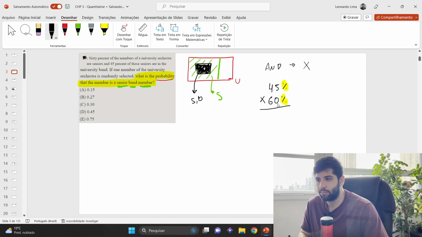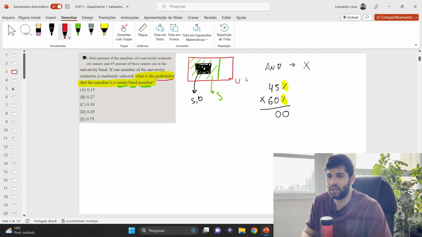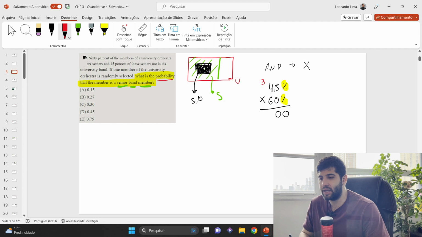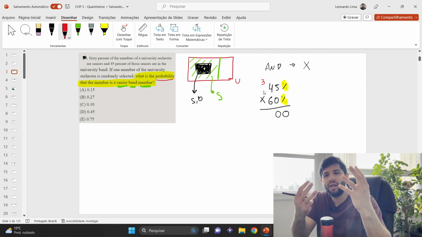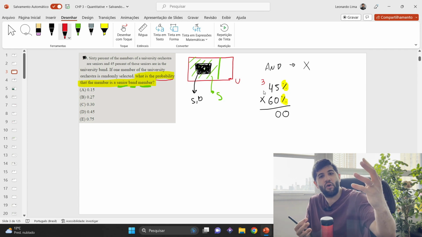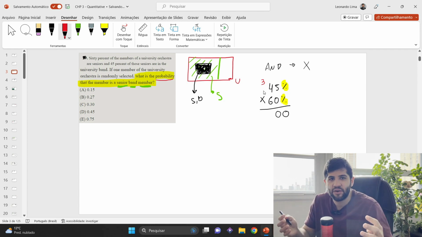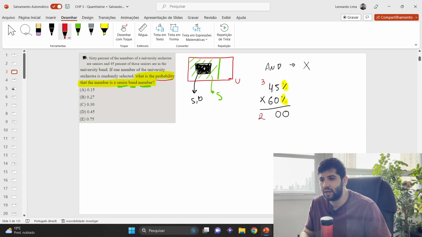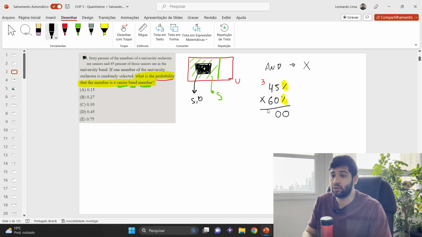I just put the 60 here below because I can drag the 0 here and start my equation. So 6 times 5 will be 30. I put 3 here on top, and 4 times 6 is 24 plus 3. Again, use your own way: 24 plus 3, do your thing. So 4, 5, 6, 7, whatever. Do it the way that you prefer to not commit mistakes.